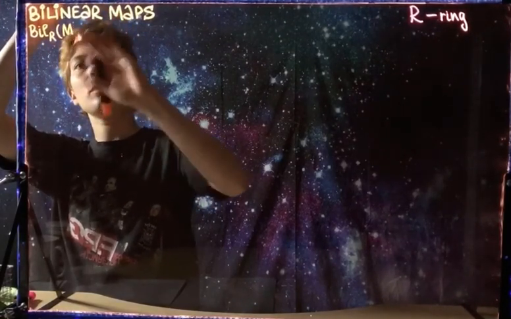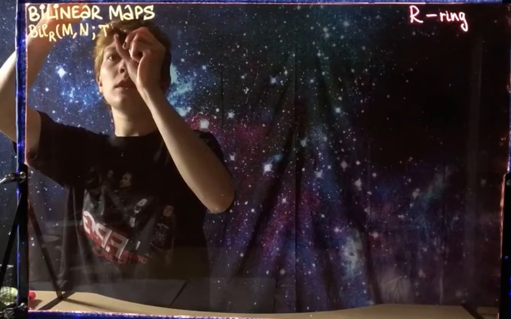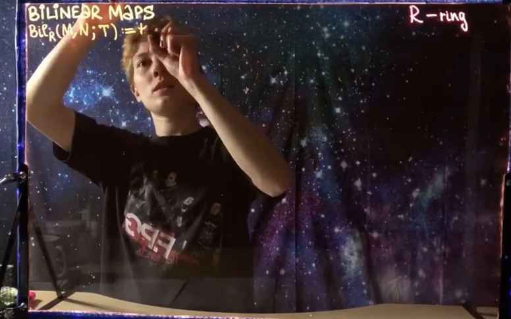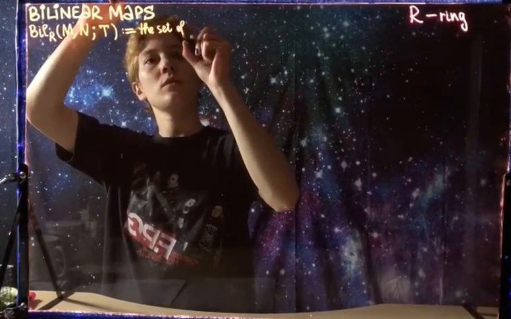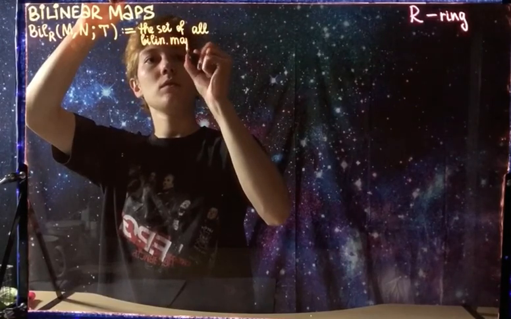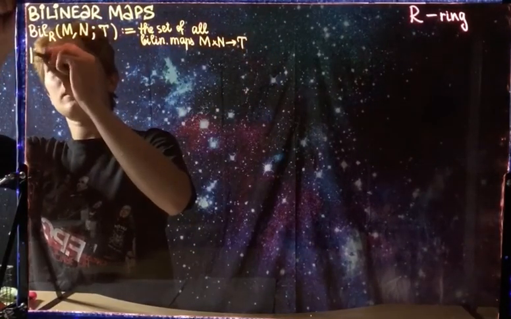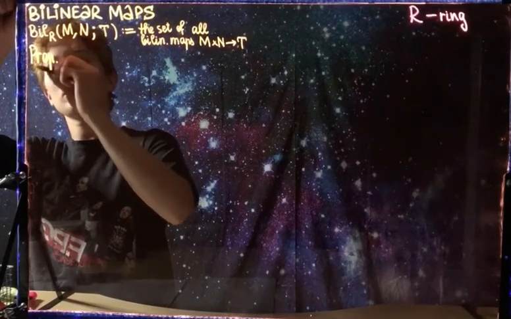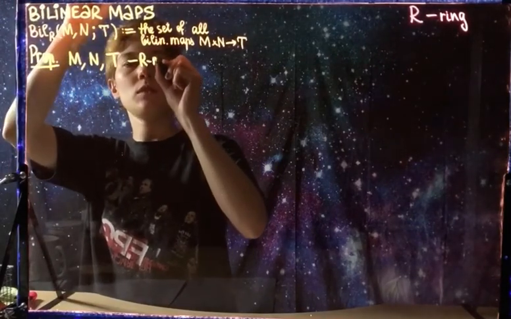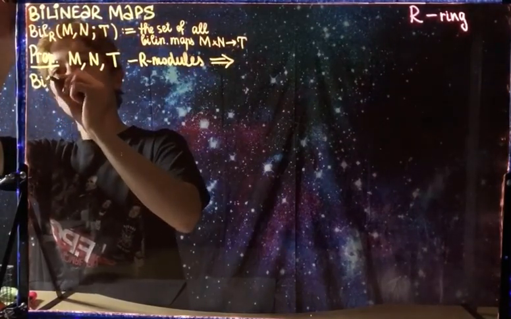So bilinear maps from M, M to a test module T. I just want to recall our notation that this is the set of all bilinear maps from M cross M to T. And the claim that I'm making is that if M and T are R modules, then this set is an R module too.